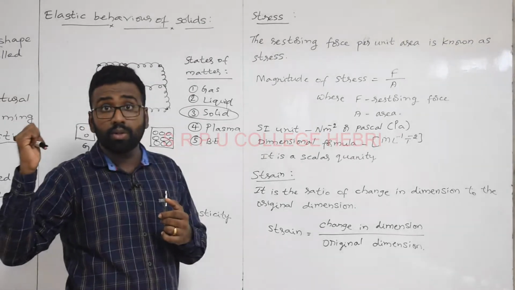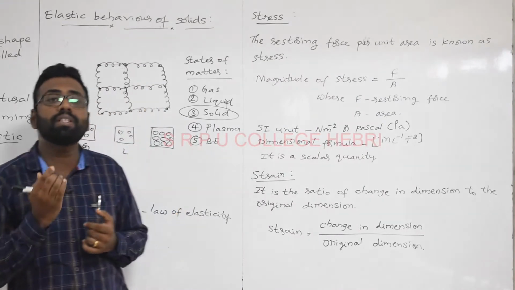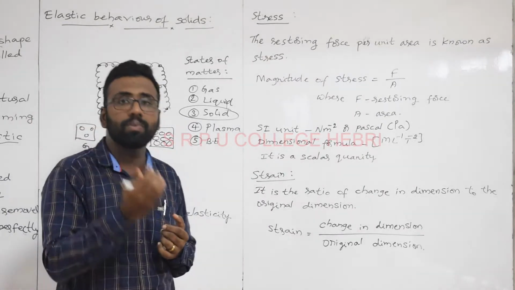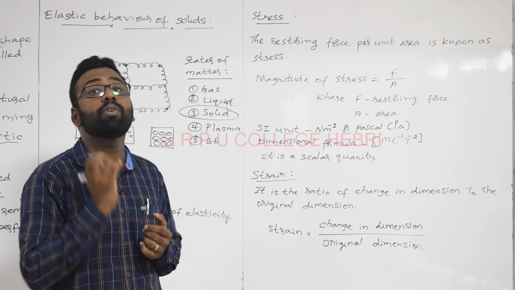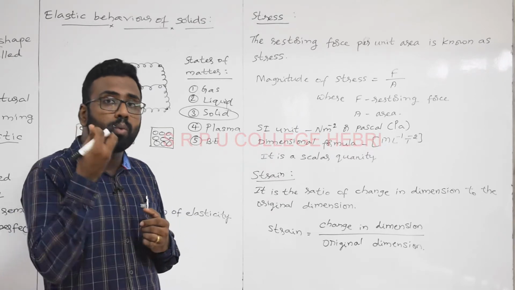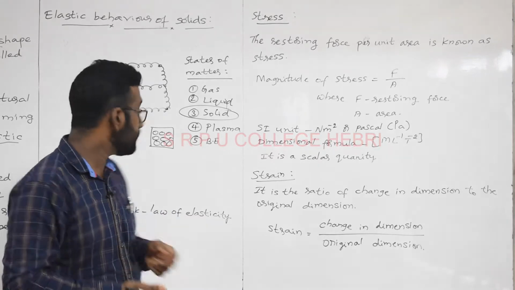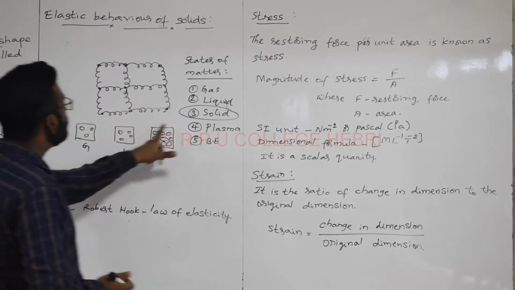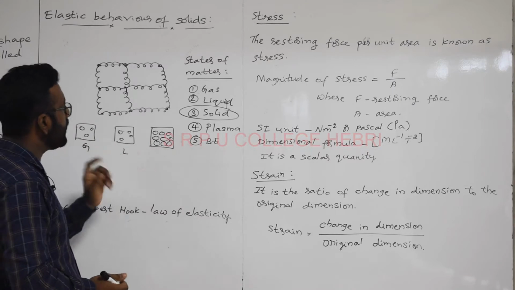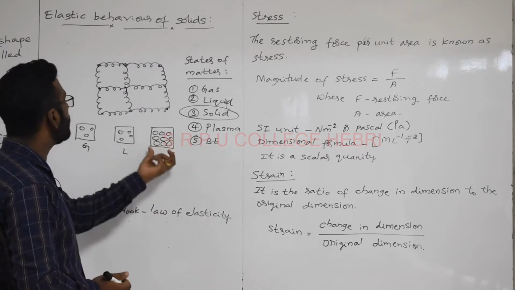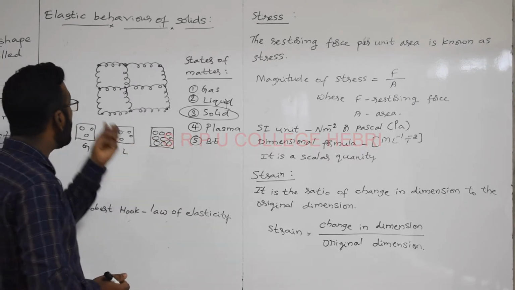But that is what I told you. If you consider solids to be rigid bodies, it is not possible in nature to have a perfectly rigid body. Whatever we say is perfect is not possible in real life. Now, you must have studied the shape of the solid in this way, where the atoms are closely arranged.